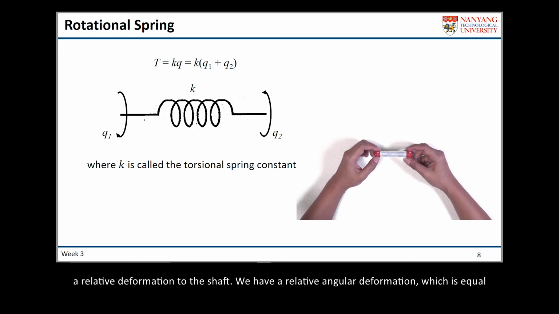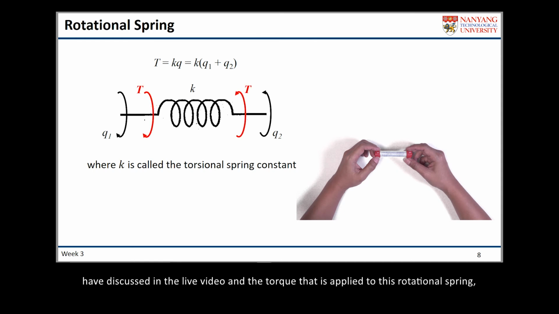To be precise, we have a relative angular deformation which is equal to Q1 plus Q2, right? What does it mean? This means to this rotational spring, there is an applied torque to twist the shaft in this direction. It's similar to what we have discussed in the live video.